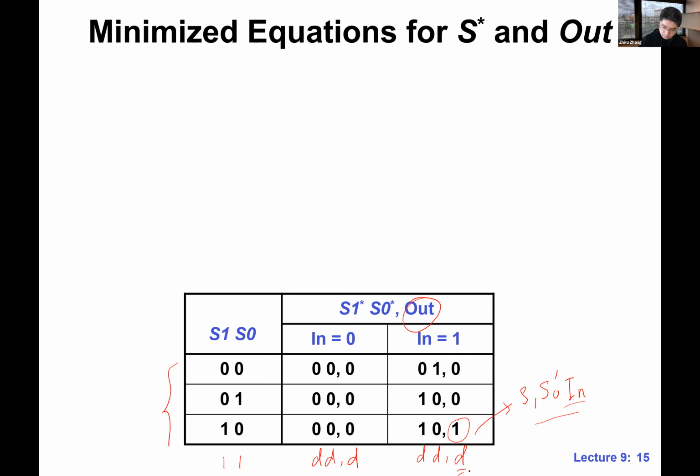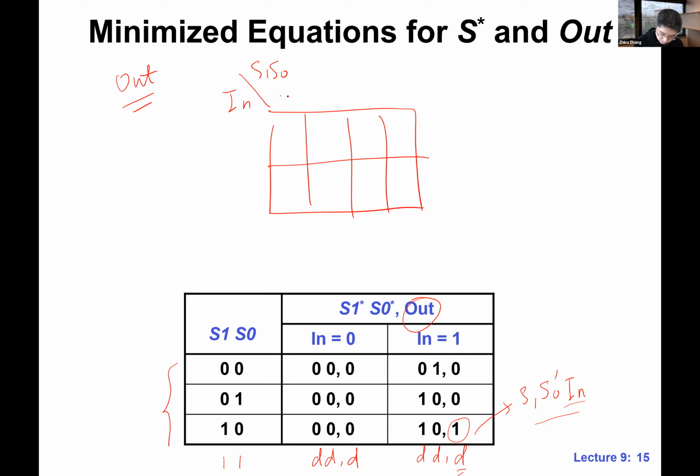We can just draw this. To help you guys practice a bit more with the Karnaugh map, we are talking about out. We want to do out. We have S1, S0, in, another Karnaugh map. So we had the 1 here, so that was 1, 0, 1. 1, 0, 1 is here. We also have don't care here.